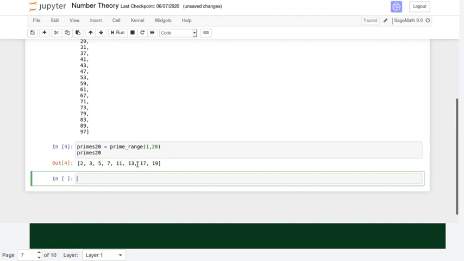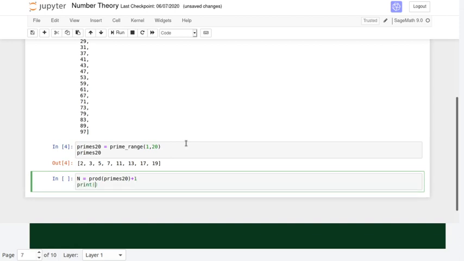So what is our N? N is equal to the product of all elements in this primes-up-to-20 set. That means you have to take the product of 2, 3, 5, 7, 11, etc., up to 19, and now we have to add 1 to that.